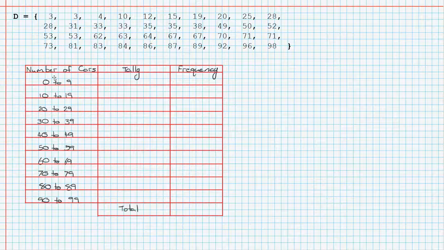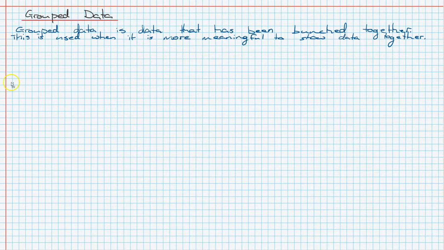So consider we've got some data here, and let's say it is the number of cars that have driven past Brighton over the course of 90 days between, let's say, 8:45 and 9 o'clock in the morning.